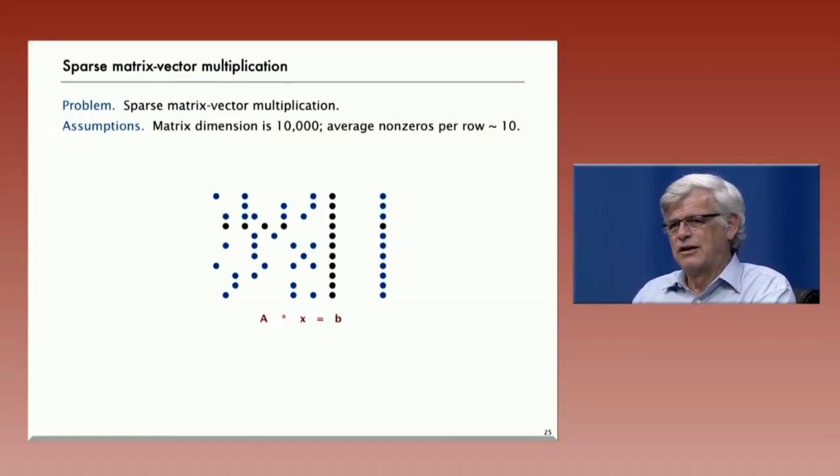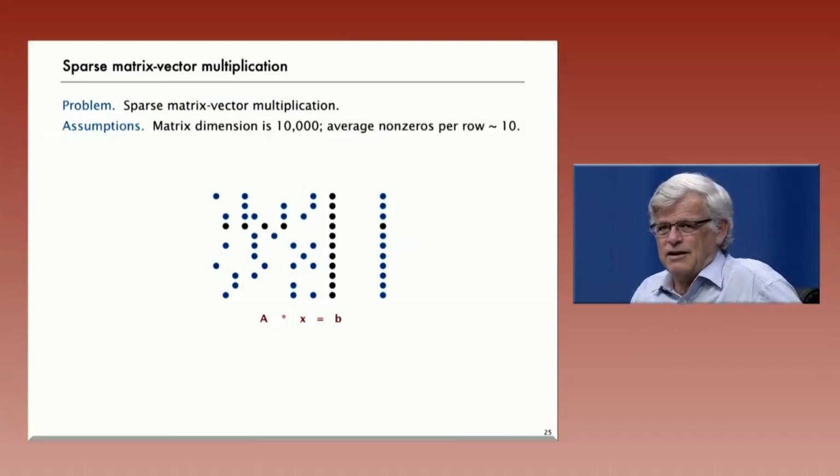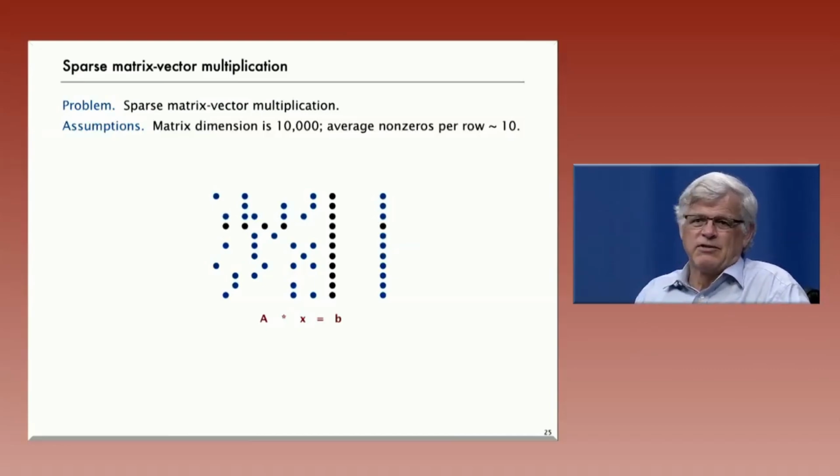So in a typical case, say maybe the matrix dimension would be 10,000, and maybe there'd only be 10 non-zero entries per row. Or even nowadays, you might have matrices that are even bigger, 10,000 by 10,000. If it was full, that'd be 100 million entries.